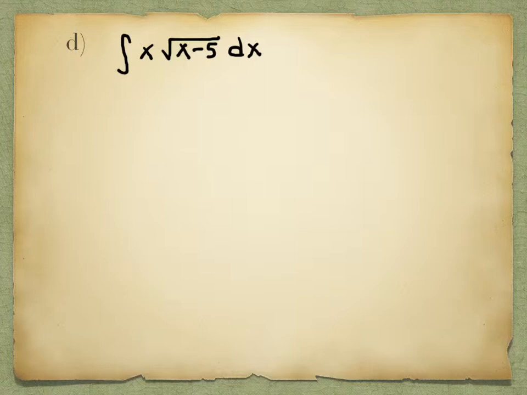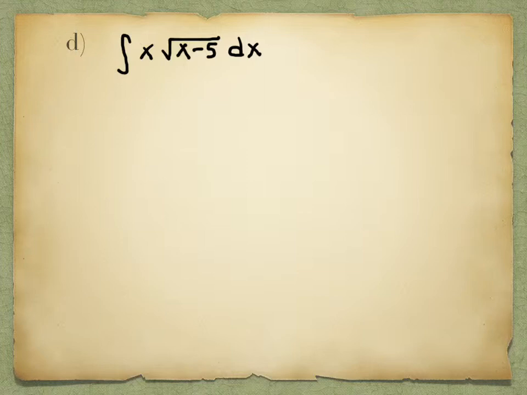So if you take a look at this one, we have x times the square root of x minus 5. The two methods that we've looked at when we have products are U substitution, which you did back in Calc 1 and we've used lots since then, and integration by parts, which is the section that this is in. So we tend to do something when we see square roots, like letting the value underneath the square root be U. That's one of those standard tricks that we try.